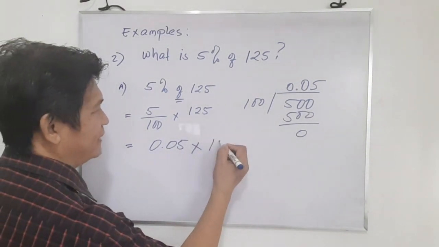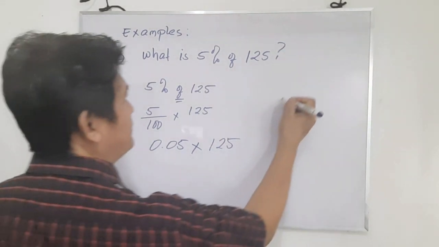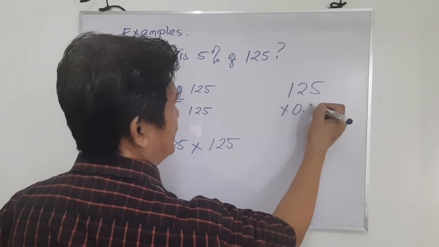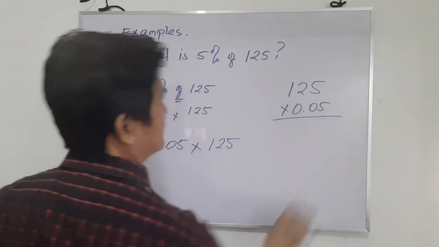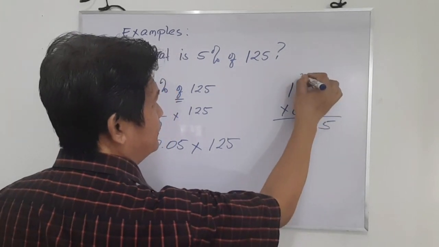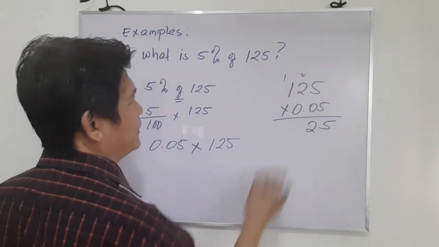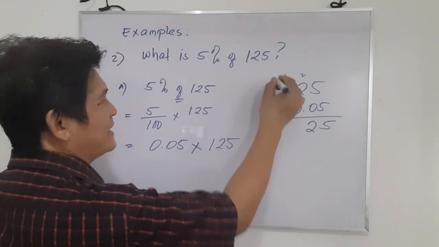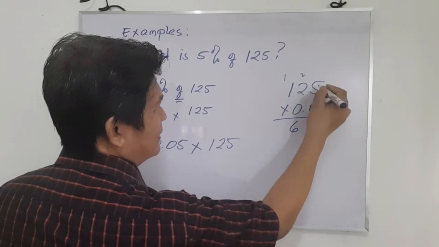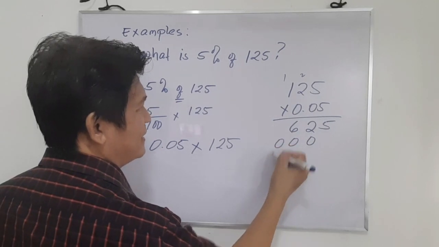Therefore, 5 over 100 is equal to 0.05 times 125. Okay, if we multiply 0.05 times 125, 125 times 0.05: 5 times 5 is 25, carry 2, 5 times 2 is 10, plus 2 is 12, carry 1. 5 times 1 is 5, plus 1 is 6. Of course, you have 0 times 5 is 0, 0 times 2 is 0, and 0 times 1 is 0.